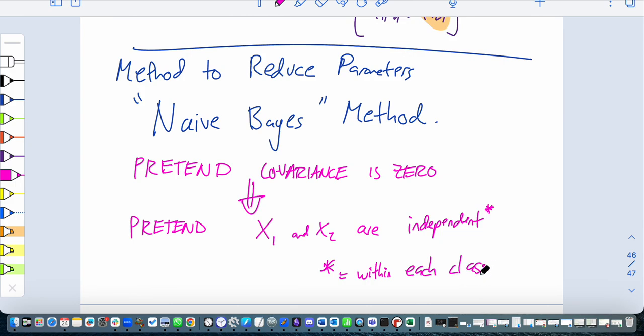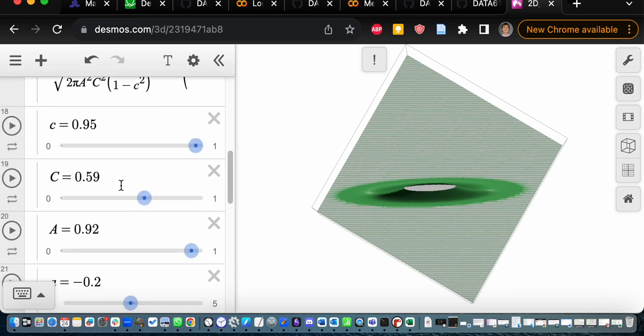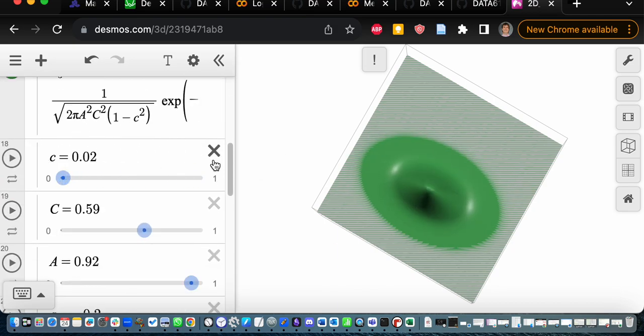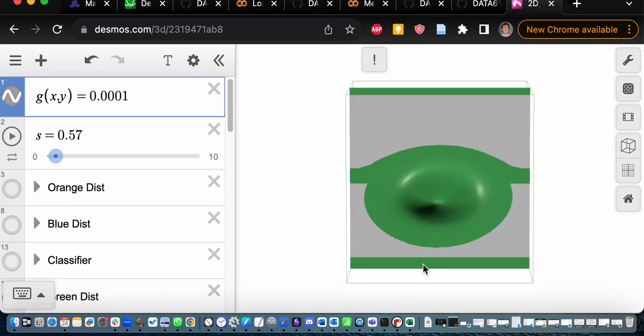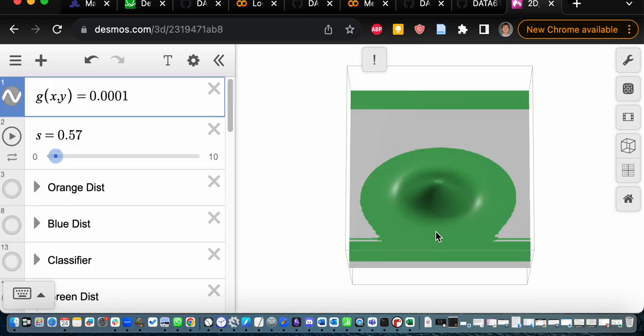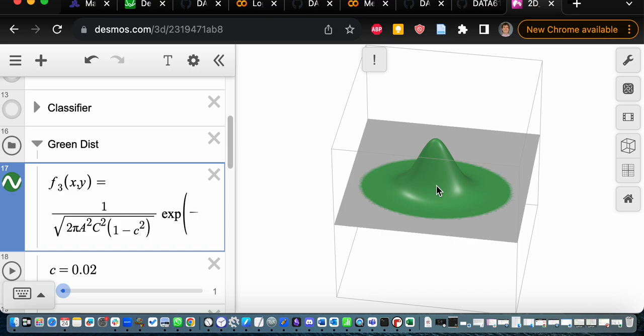So naive Bayes says we're never going to deal with the covariance. We're always going to pretend the covariance is 0, and that is pretending that the components are independent within each class. If we were to go back to this picture, we would set the correlation to 0, and we always have axis-aligned ellipses where there is some amount of spread in the x1 direction, some amount of spread in the x2 direction, but the x1 and x2 directions never have any correlation at all.